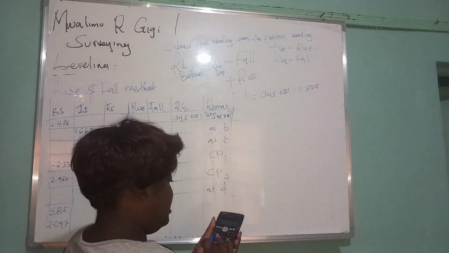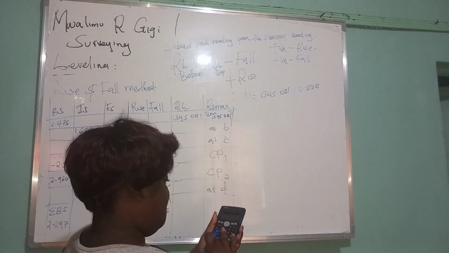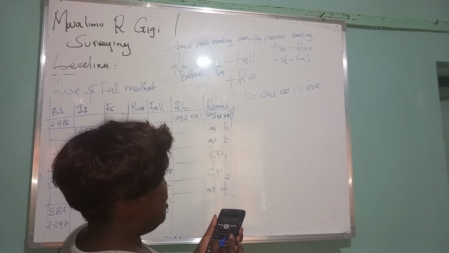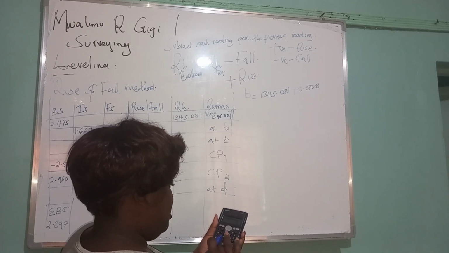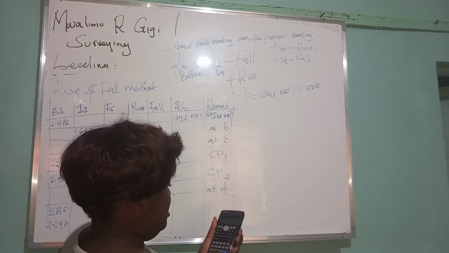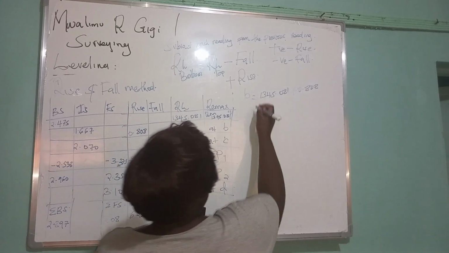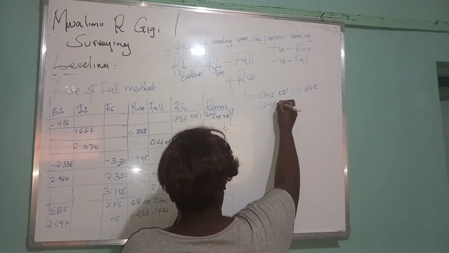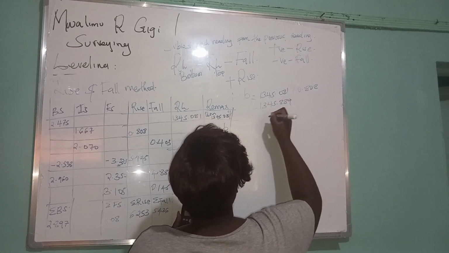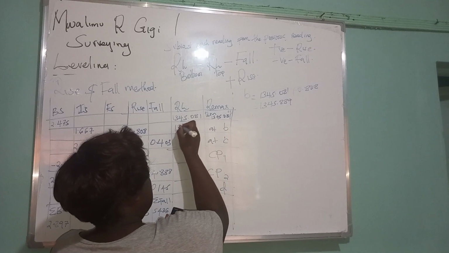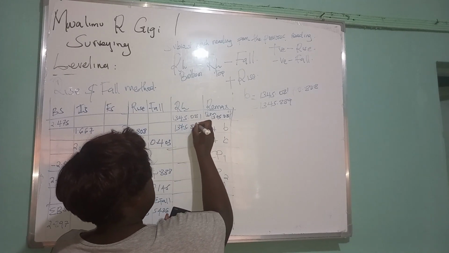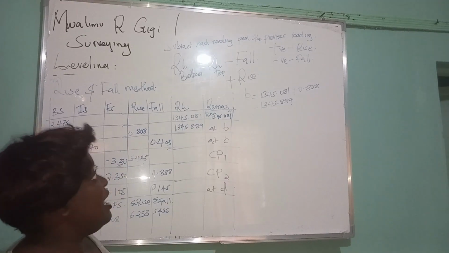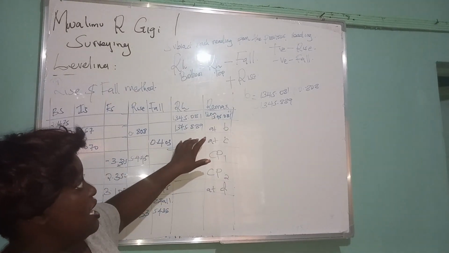So 1345.081 plus 0.808, the reduced level is 1345.889. So this will act as the reduced level at the top in our next case.